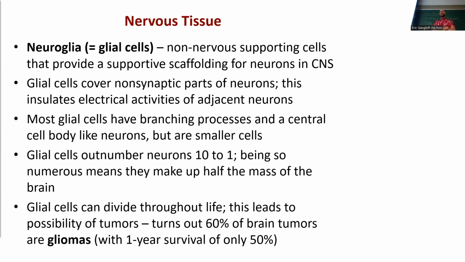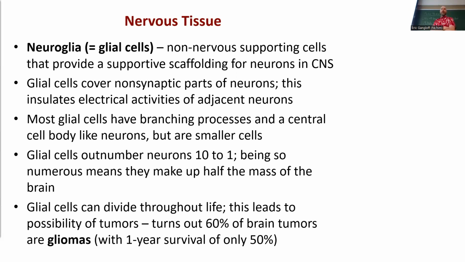Because these cells are undergoing mitosis and dividing, this can lead to the possibility of tumors. Remember, a cancerous tumor is a cell that's basically not doing what it's told and going rogue and just trying to produce as much of itself as possible without regard for what the effects are on the rest of the body.